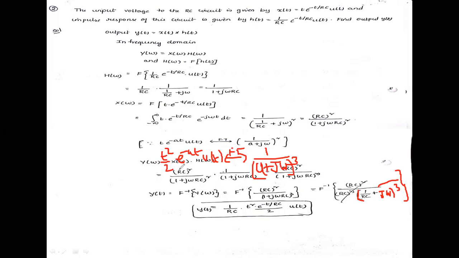Previously it was 1 factorial, then 2 factorial, now 3 factorial; 3 factorial means 3 into 2 is 6. So t cube by 3 factorial e power minus at mu of t has the Fourier transformation 1 by (a plus j omega) power 4.